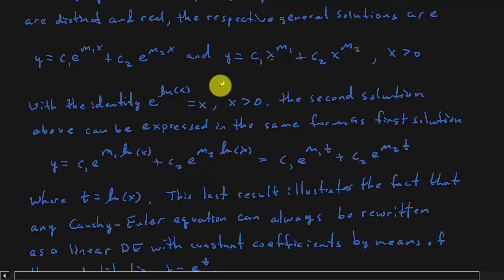If you have e to the m1 natural log x, we can write that as e to the m1 times what? Times e to the natural log x, right?